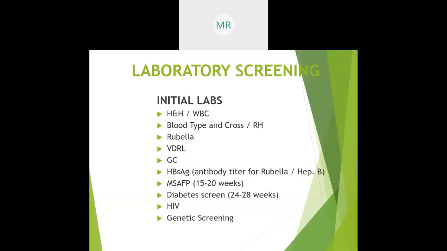Okay, so we're going to go through the list of the different testings that mamas could do before their babies are born. Okay, then we do a diabetic screen as well between 24 and 28 weeks. Okay, if the glucose is less than 140, no problem. Okay, it's negative. You have something called a 1-hour glucose tolerance test that is done, and this is the one that's done in the diabetic screen between 24 and 28 weeks.